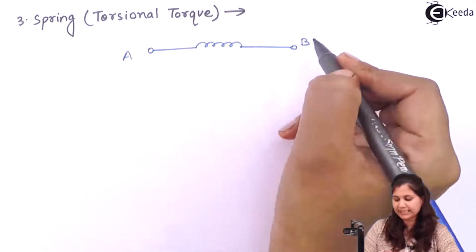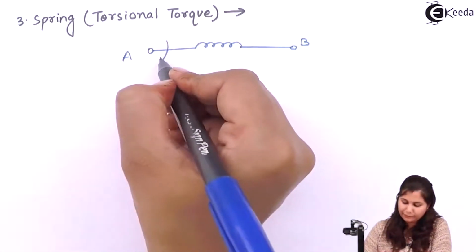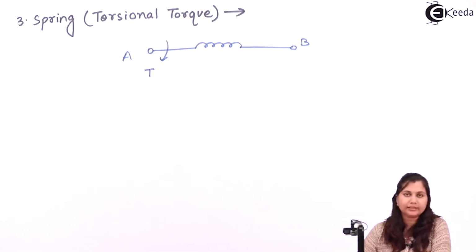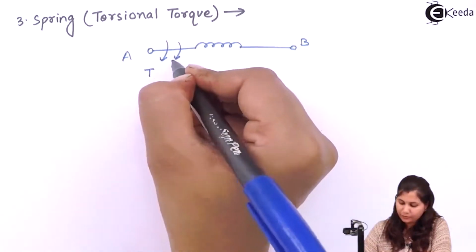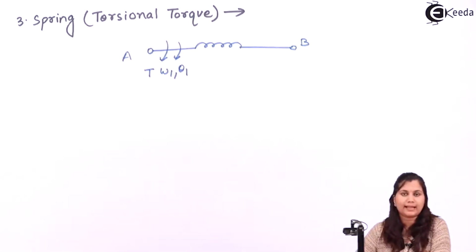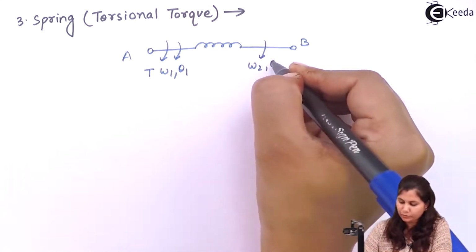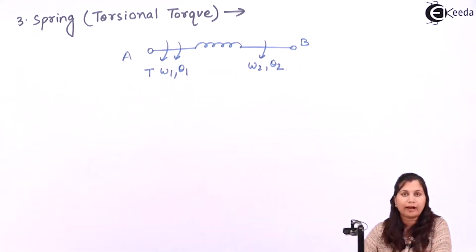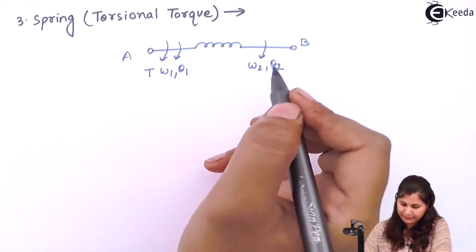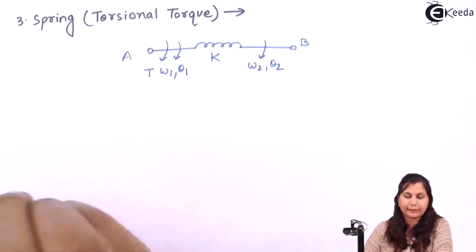This spring is connected between 2 points A and B, and we are applying the torque T, and omega 1 and theta 1 are the velocity and the displacement, and we have omega 2 and theta 2 as the final velocity and displacement. And this spring is having the constant K.